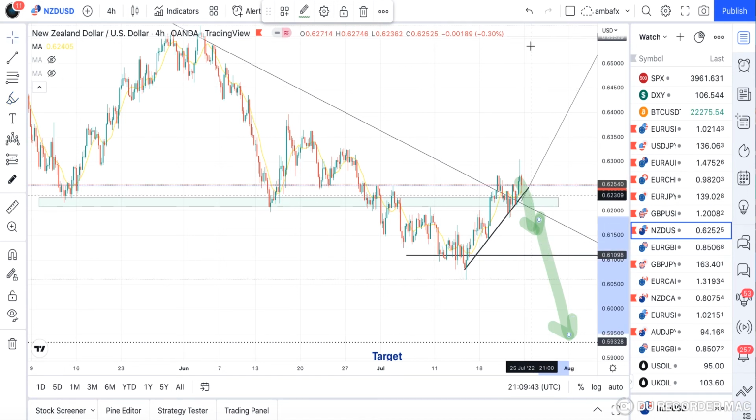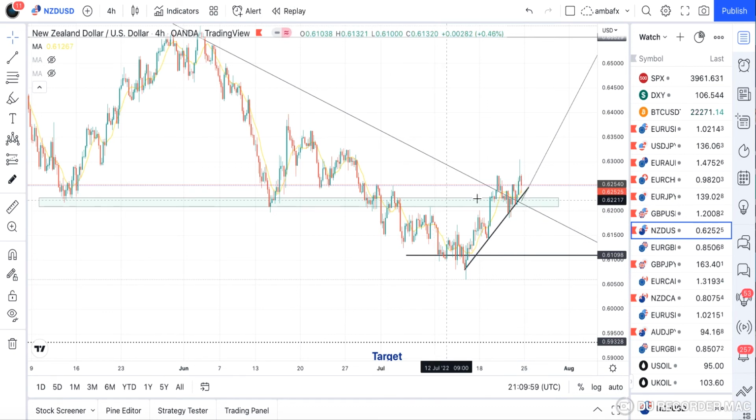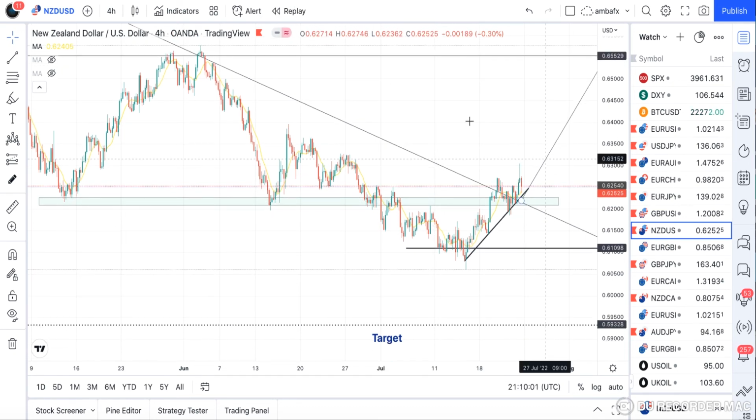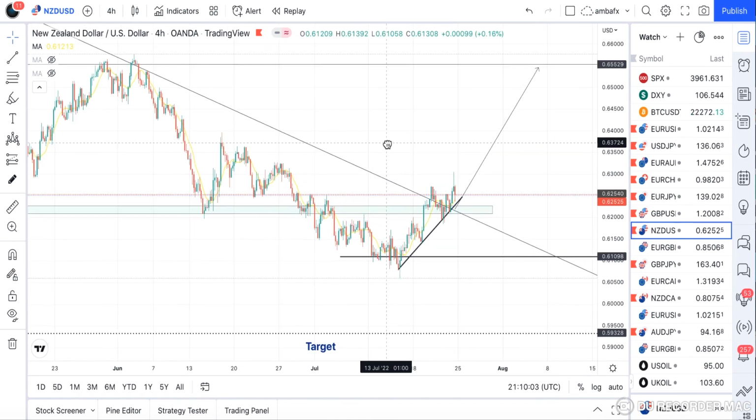But on a bullish bias now, temporarily the bias is bullish until they release the interest rate. Maybe they are going to add 75 bps or not, so let's wait till then. But Monday, Tuesday, we might see a move to the upside.